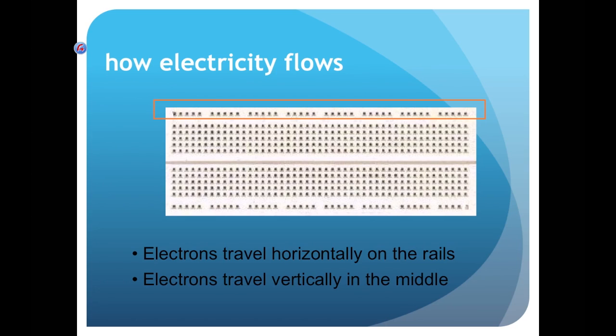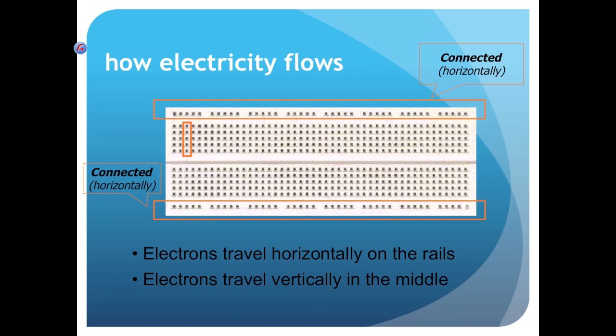Here you only see one. But the idea is all those are connected horizontally, and on the bottom as well. And then in the middle, you can see that those holes are connected vertically, okay? And that's very different for the way that you set up your breadboard and the way you build your circuits.